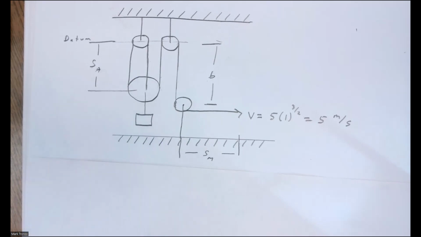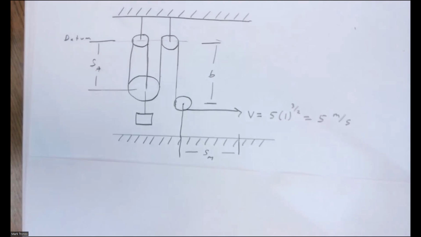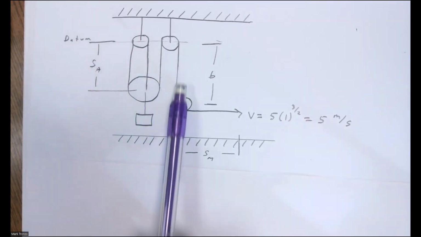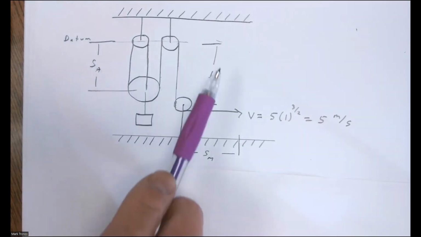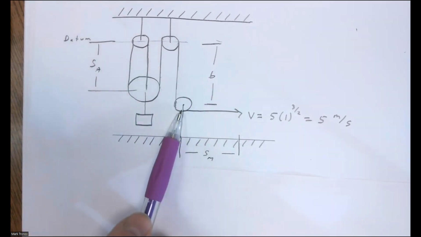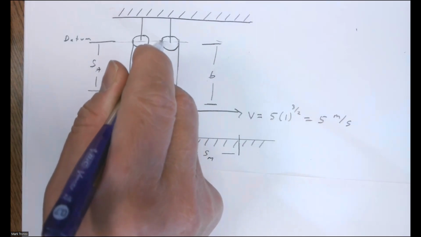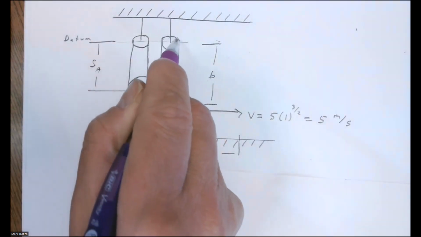So we have this picture here, and we want to measure all of our cable lengths. Let's say this length from here to here, we can call that B. Remember, we can ignore anything that wraps around the outside of the pulley because that length is going to be constant.